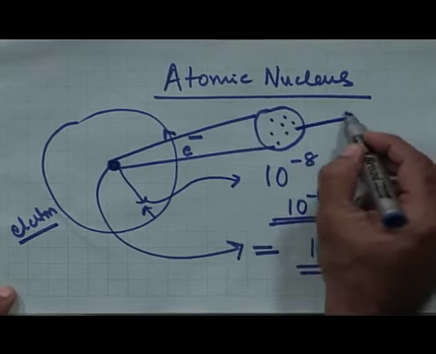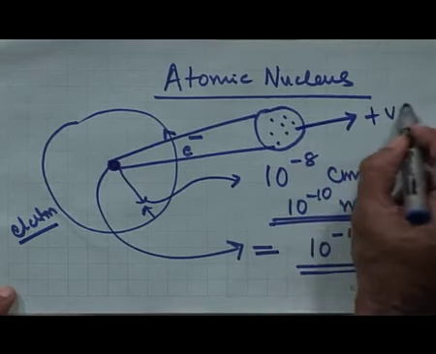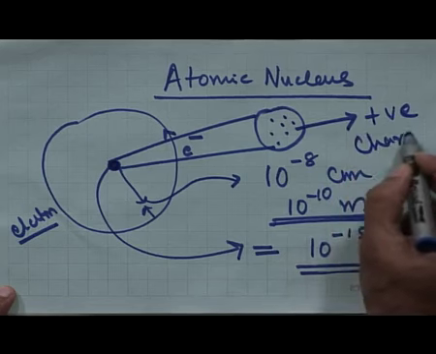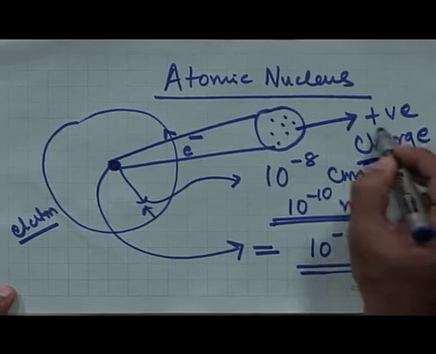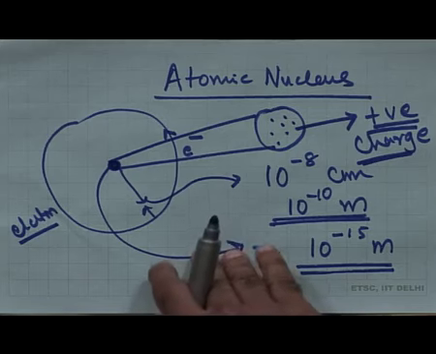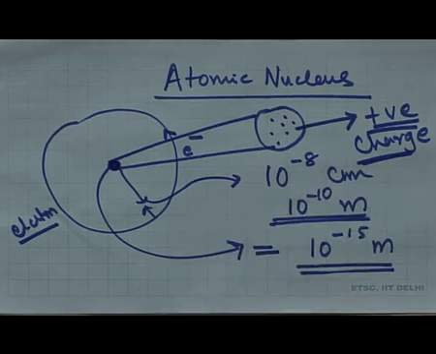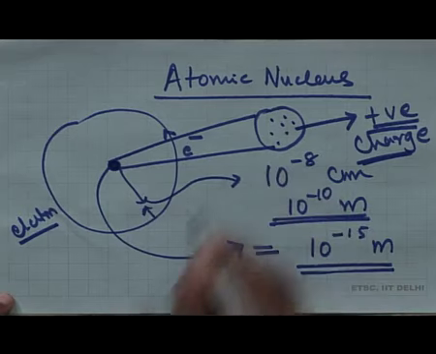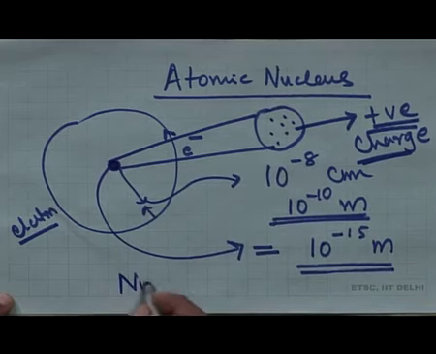Therefore, surely this region contains positive charge. Now, the question is how the positive charge is distributed in this small region of space, and whether it is only positive charges or whether there are other particles also in this region. And this tiny region is what is called the nucleus.